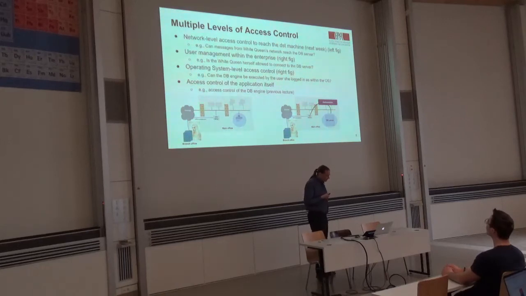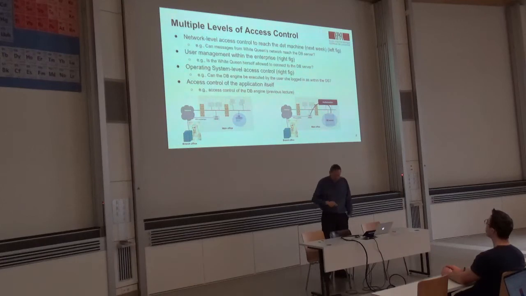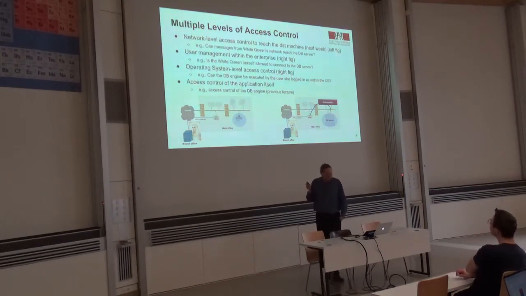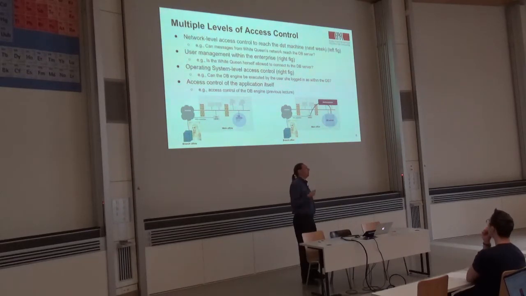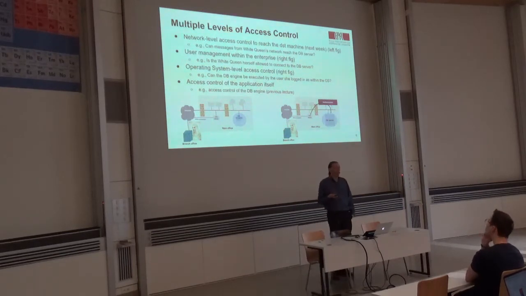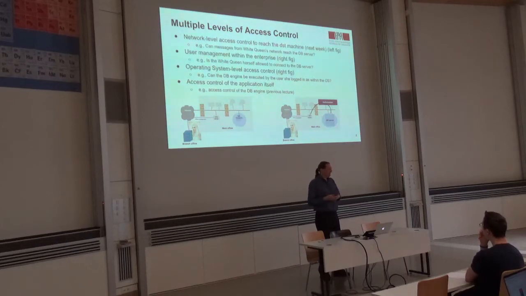So now, just to review another important point that has come up before, but is worth reiterating: access control comes into play at multiple levels in the system, and in multiple ways. So we've got network level access control, the access control that determines whether a given machine is able to connect to another machine at all. The firewall configurations generally manage that.